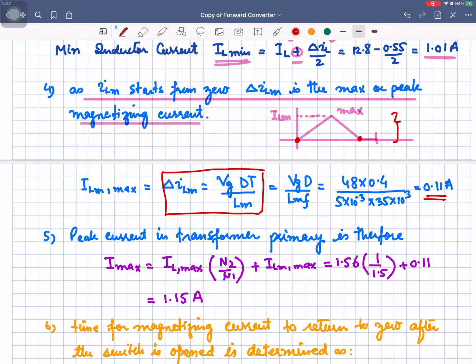Now the peak current in the transformer primary winding will be equal to the current because of the secondary winding, or the inductor current referred back to the primary side, plus the current because of the magnetizing inductance.